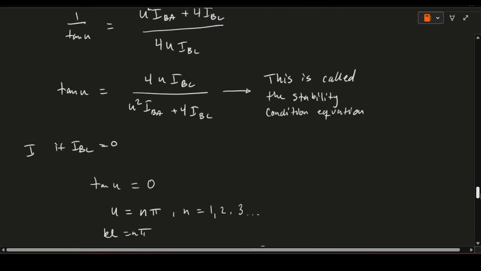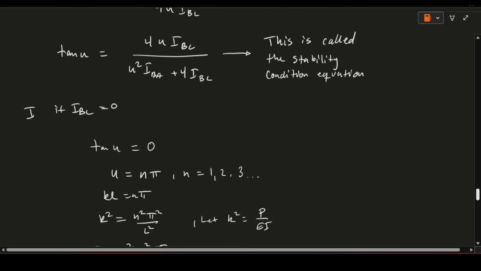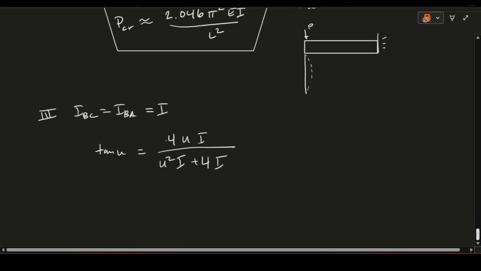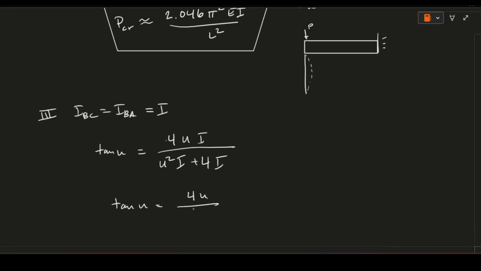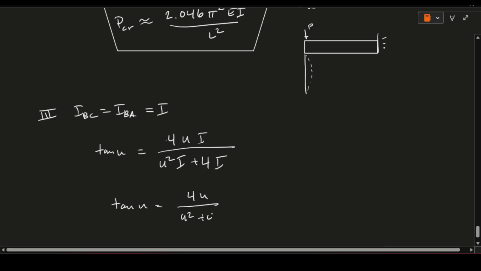Let's double check if that's correct. Yes. So the I cancels. So the tangent U is then equal to 4U over U squared plus 4.